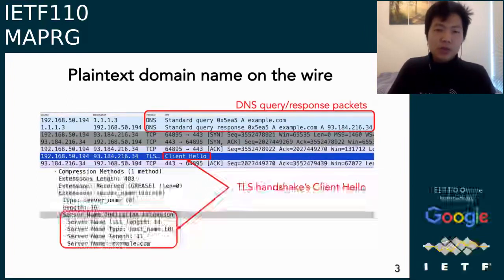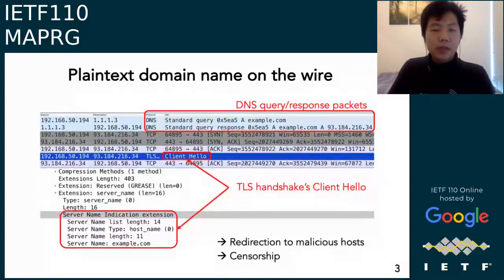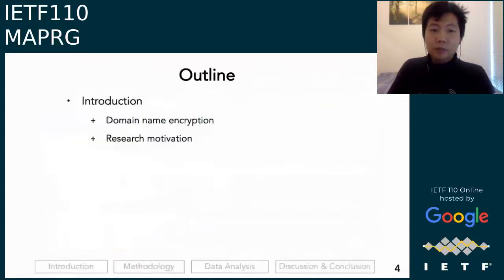The exposure of domain name information in these two places allows any on-path attacker to tamper with user connections. A malicious attacker can redirect a user to a destination where malware is hosted, or a state-sponsored censor can interfere with user connections based on the domain name information seen in the DNS or SNI field.